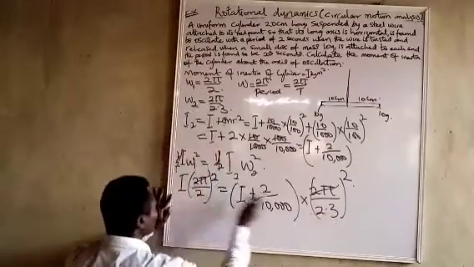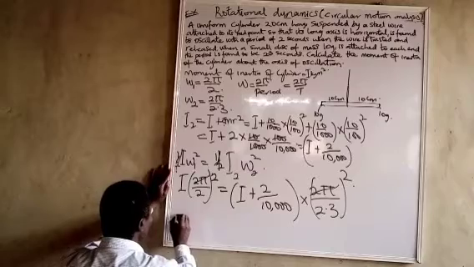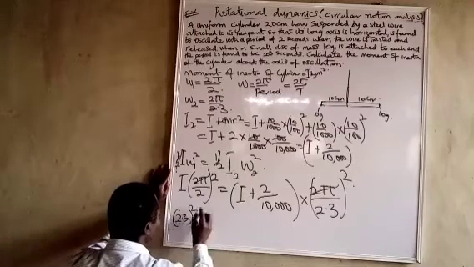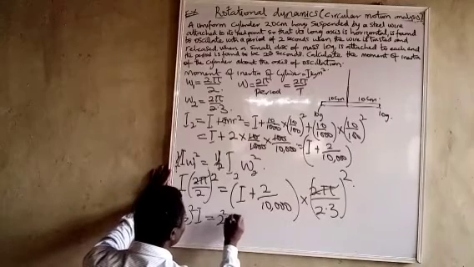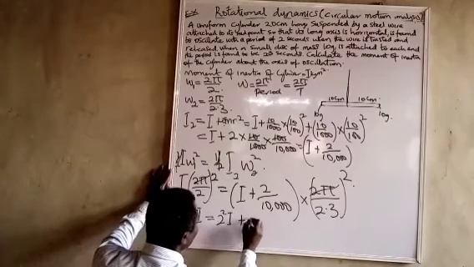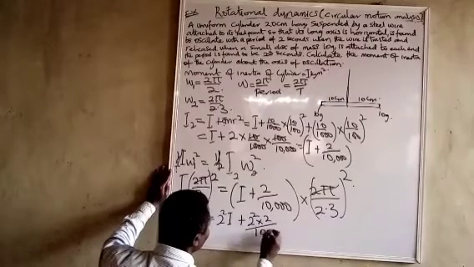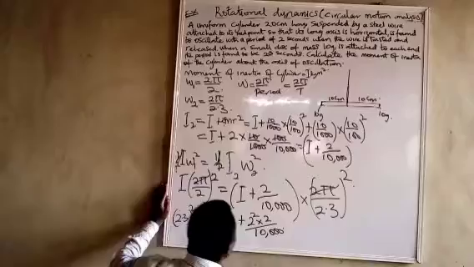And now let me multiply with the LCM, that is 2 times 2.3. So I'm going to have 2.3 squared I is equal to 2 squared into I plus 2 squared times 2 over 10,000.